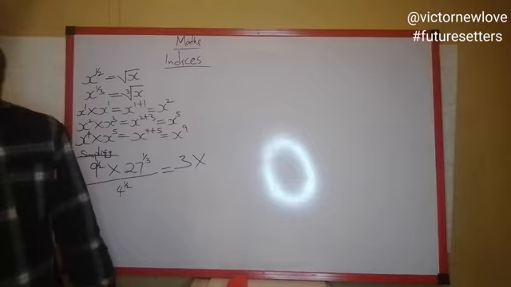Minus 1 minus 3 is what? Minus 4. Minus 1 plus 3 is what? 2. Because there is a negative and there is a positive. So you make sure you understand that when you have a negative on the smaller number, the answer will be what? Positive. When you have a negative on the bigger number, the answer will be what? Negative. But you will subtract.